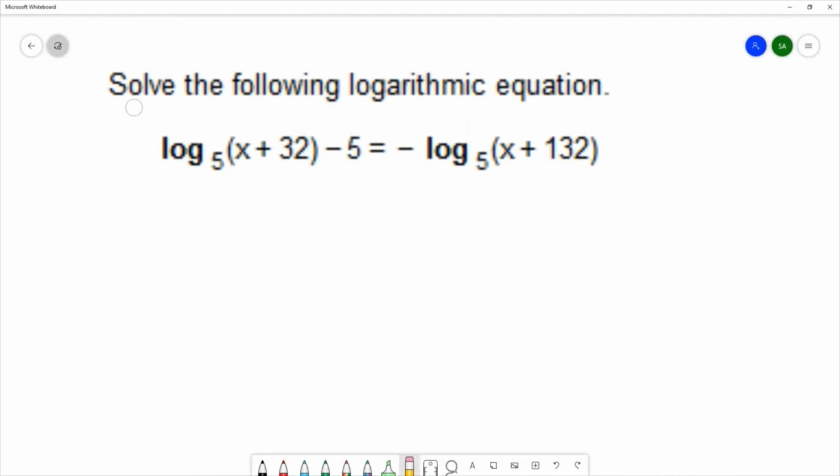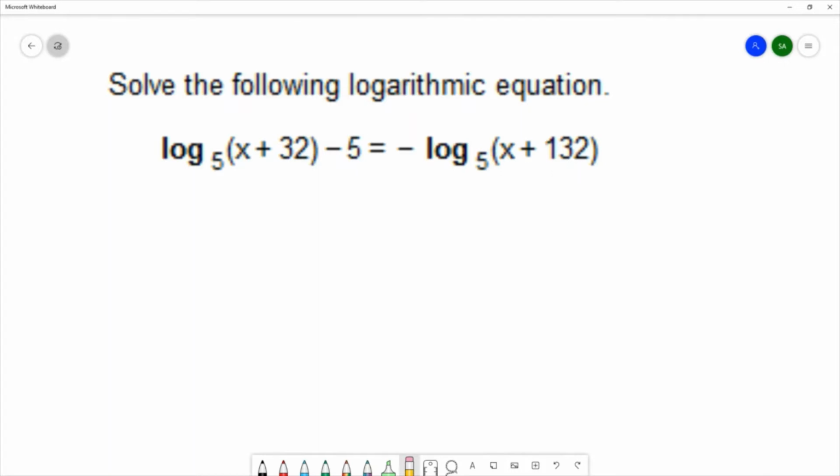On this question, we want to solve the logarithmic equation. Our logarithmic equation is log base 5 of (x plus 32) minus 5 equals negative log base 5 of (x plus 132).